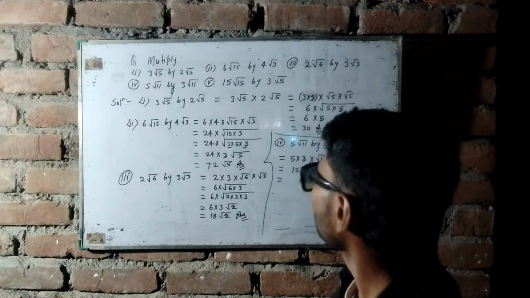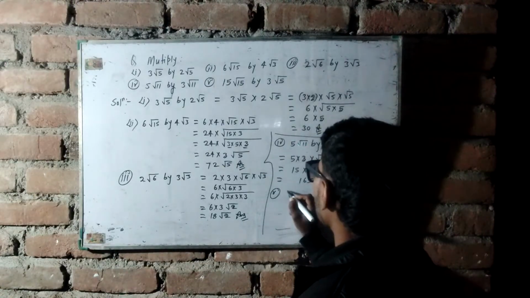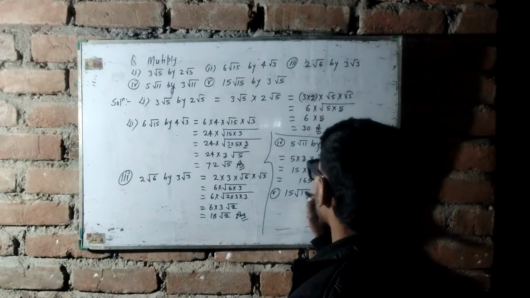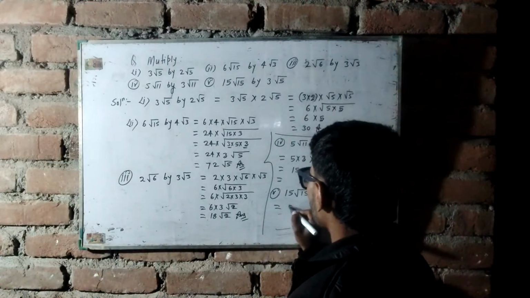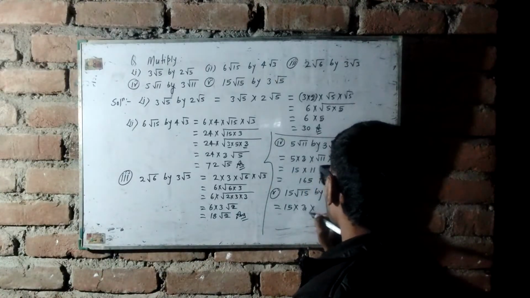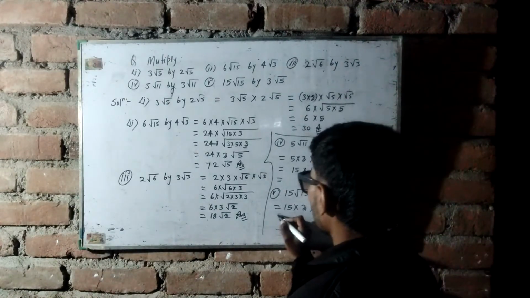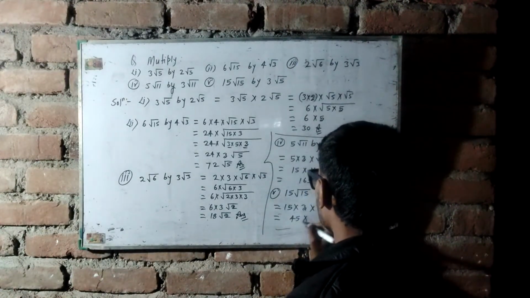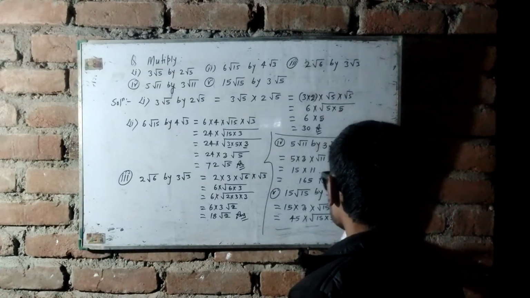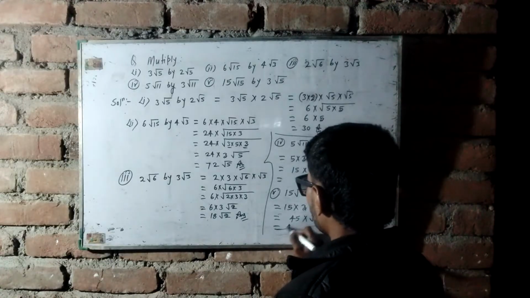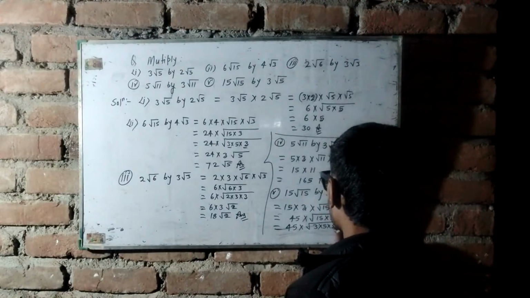Now let's go ahead to the next question. Question number 5. 15 under root 15 by 3 under root 5 is equal to 15 into 3 into under root 15 into under root 5, which is equal to 45 into under root 15 into 5, which is equal to 45 into under root 3 into 5 into 5.